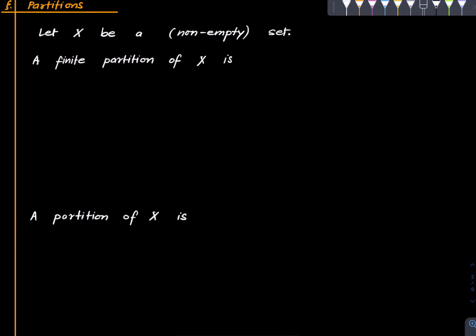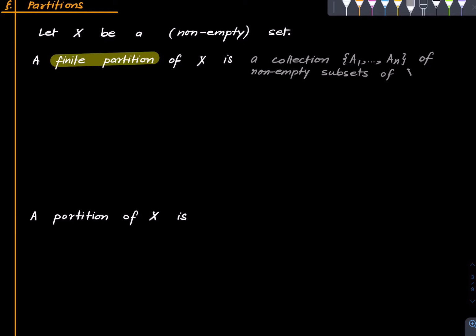So let us define what is a partition. Suppose X is a non-empty set. Then first we will define a finite partition. A finite partition of X is a collection of non-empty subsets of X such that two things happen.